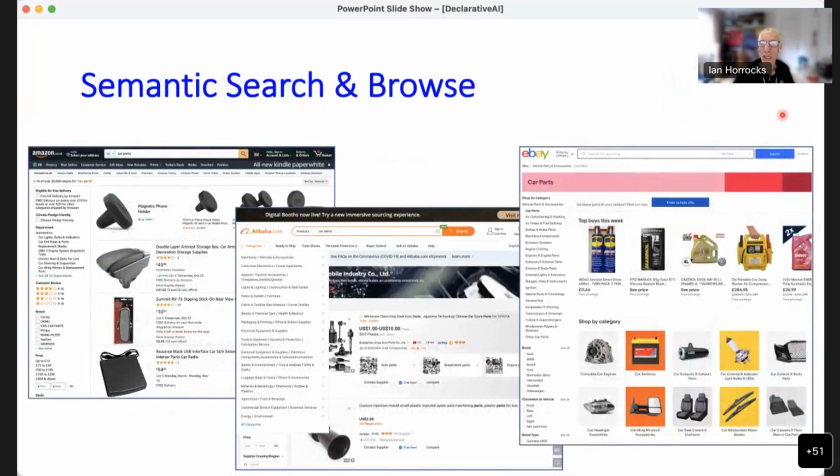And finally, I should mention semantic search and browse is another interesting application. We have several collaborations in this space. So one collaboration we have with eBay, where we're looking at the use of a knowledge graph.